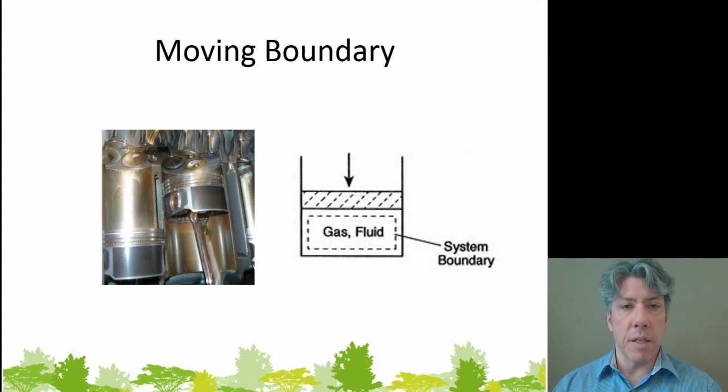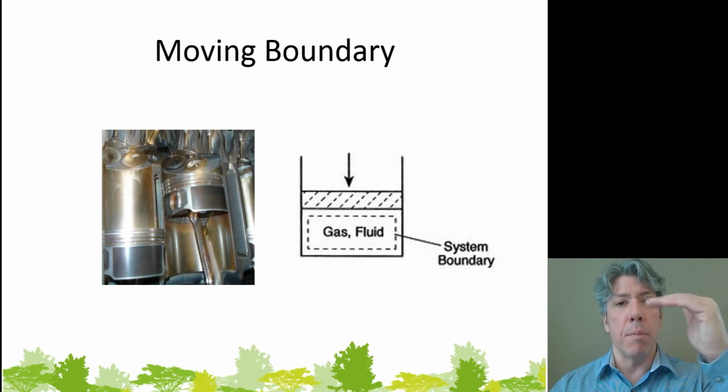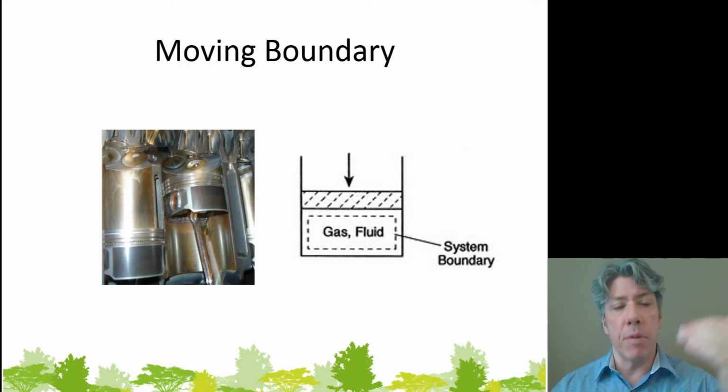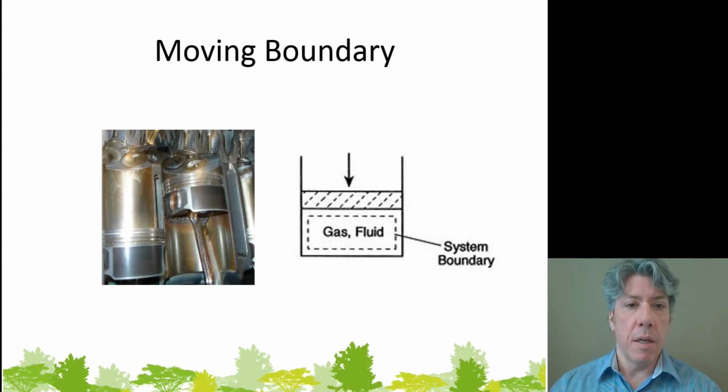Now often in this class we will draw piston cylinder devices, but we usually draw them upside down from what you would expect in a real engine. So you see the piston above the fluid in the schematic on the right, whereas in the left-hand picture of an actual engine cutaway, the system of interest would be the gases above the piston near the intake and exhaust valves.